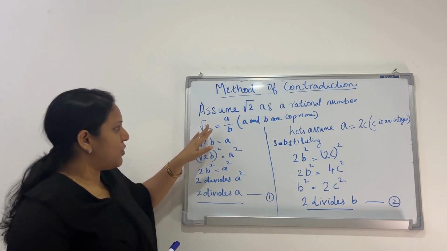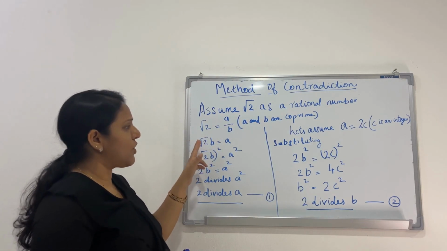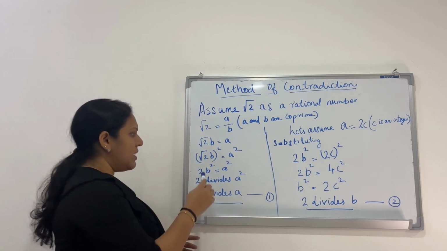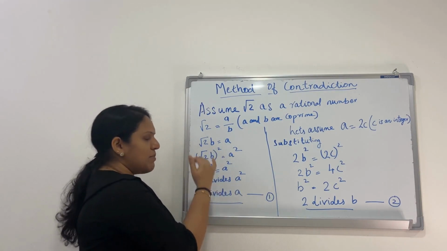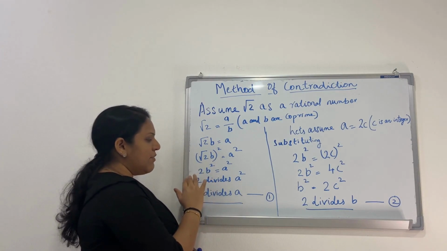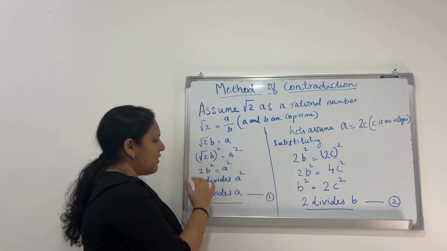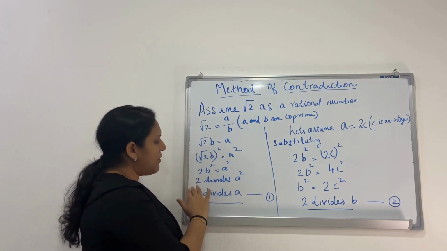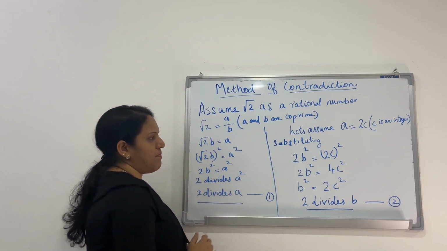So square root of 2 can be expressed as a by b, which can be written as square root of 2 times b equal to a. Squaring both sides, square root of 2 b whole squared is equal to a square. Simplifying, we will get 2b squared is equal to a squared, which tells that 2 divides a squared. As per the previous theorem which we have seen just now, if any number divides a square, then 2 divides a.